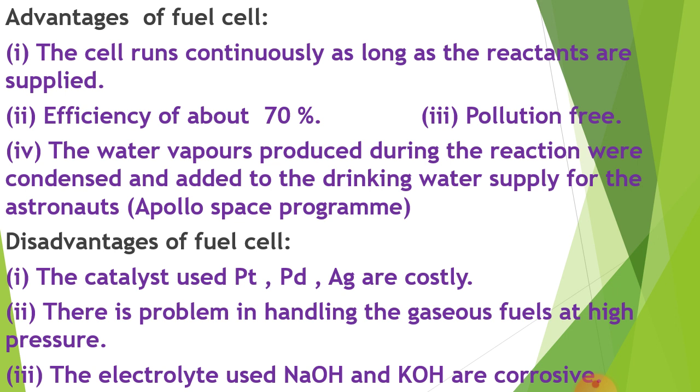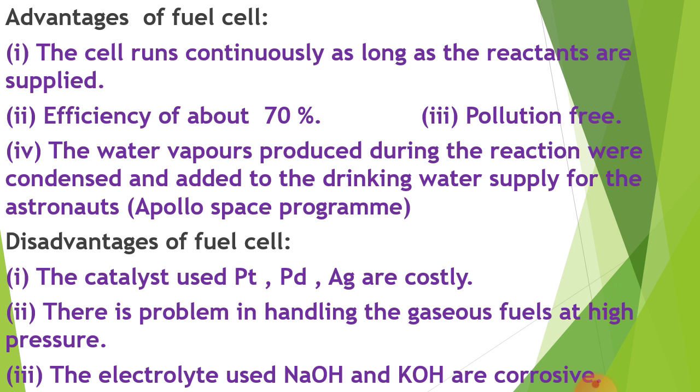Now the advantages of the fuel cell. The cell runs continuously as long as the reactants are supplied. Second advantage, the efficiency of this cell is about 70%, but for a galvanic cell it is 40%.